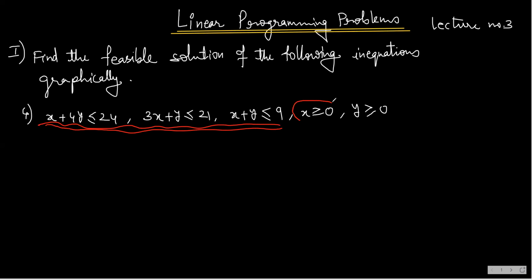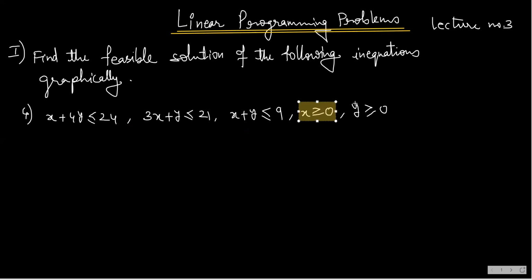But when you see x greater than or equal to 0, or y greater than or equal to 0, then we normally call them non-negative constraints. They are given a special name.